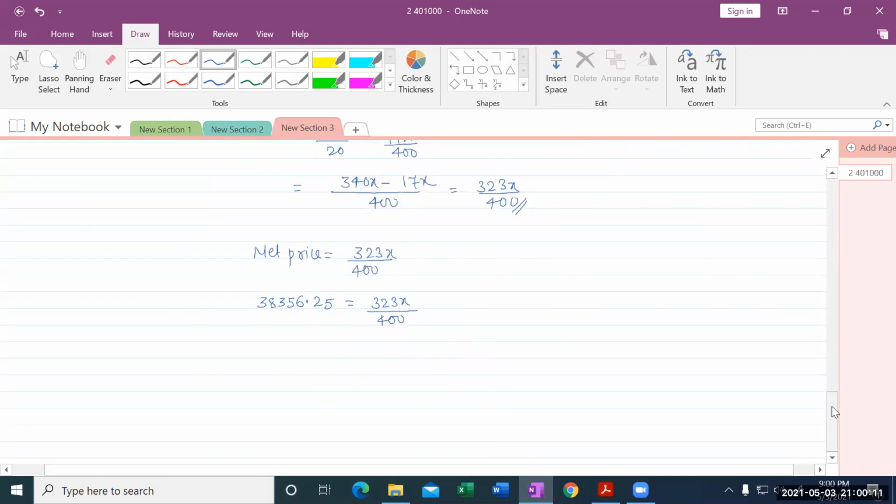Now we'll do cross multiplication. So X equals 38356.25 multiplied by 400 upon 323.